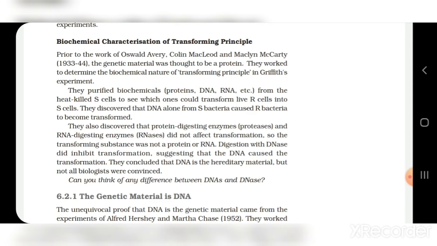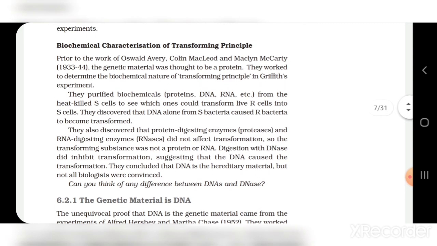That means the RNA or the protein does not affect the hereditary process or the inheritance process. So the transforming substance was not a protein or RNA but the DNA. Now the enzyme DNase did inhibit transformation, suggesting that DNA caused the transformation.